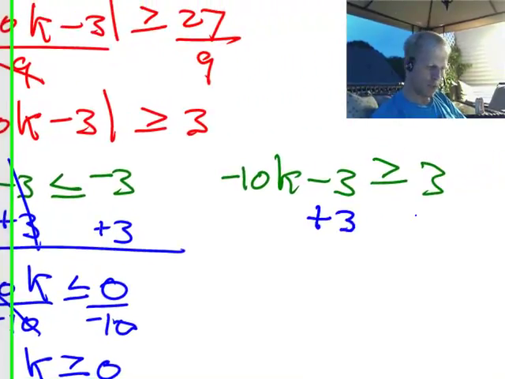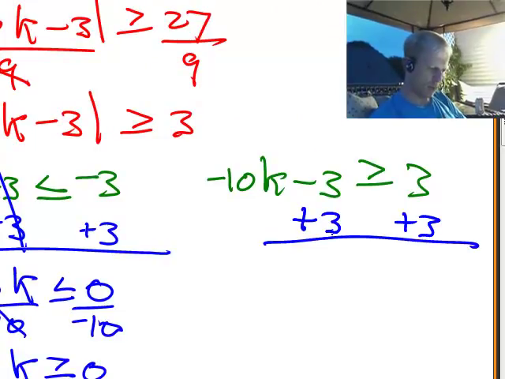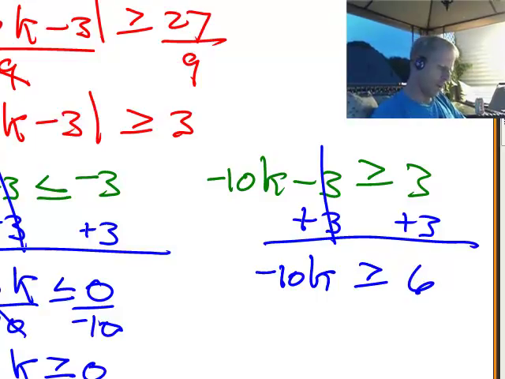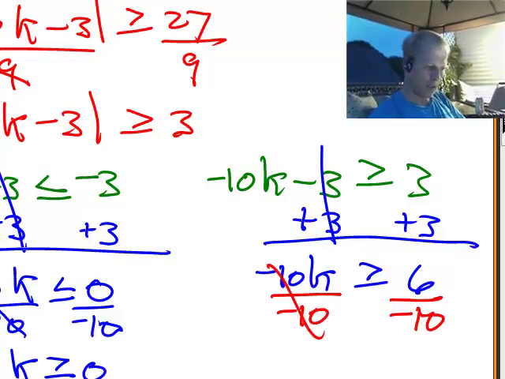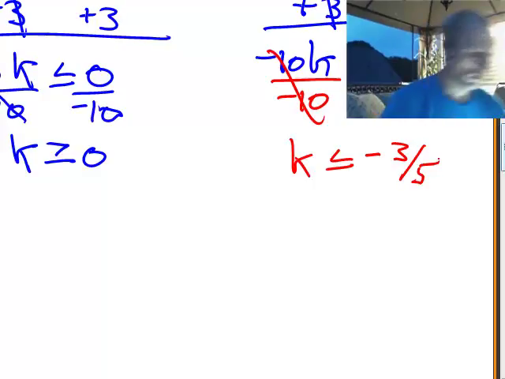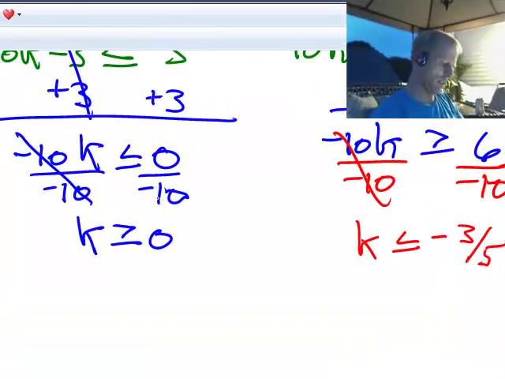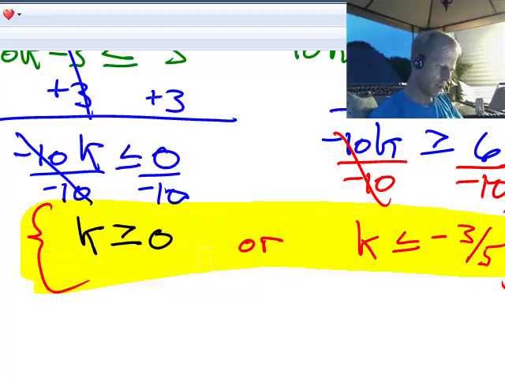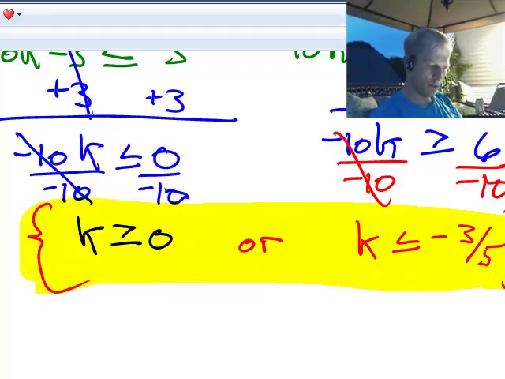And then the other one, I'm going to add 3 to both sides, and I get negative 10k greater than or equal to 6, and divide by negative 10, and that gives me k less than or equal to negative 3/5, which is negative 0.6. So that's my solution set, and now I just need to graph.